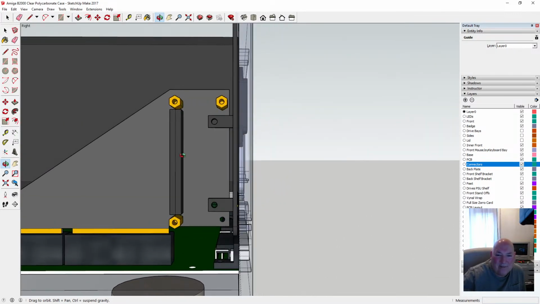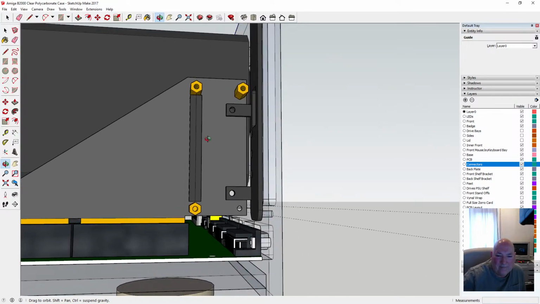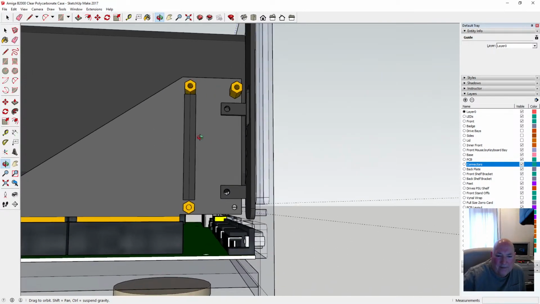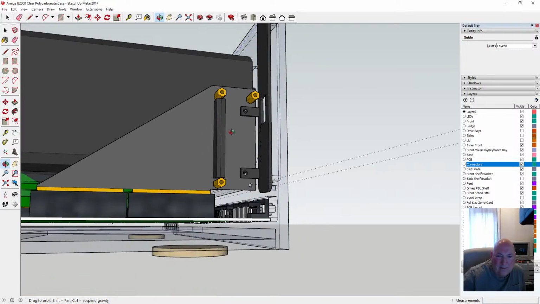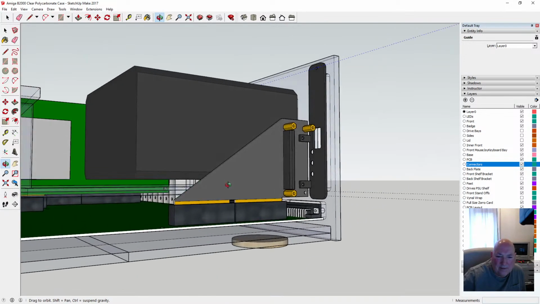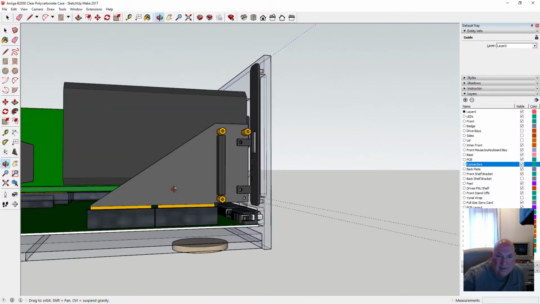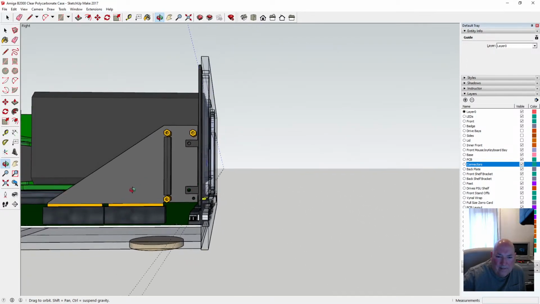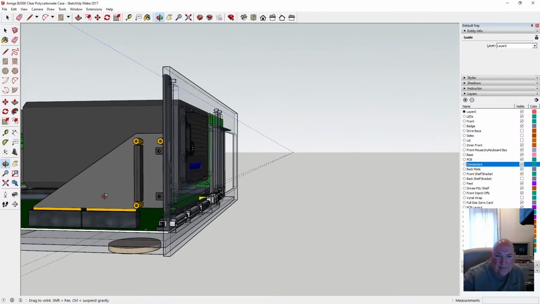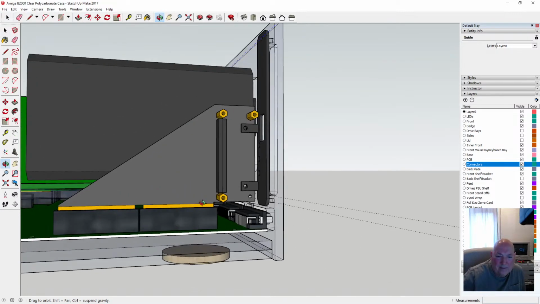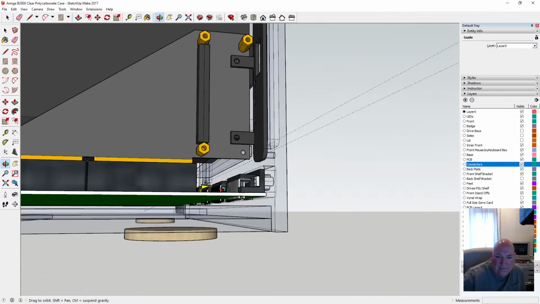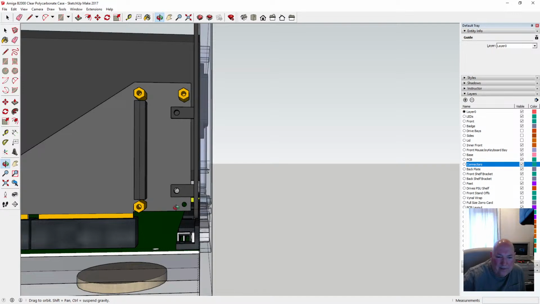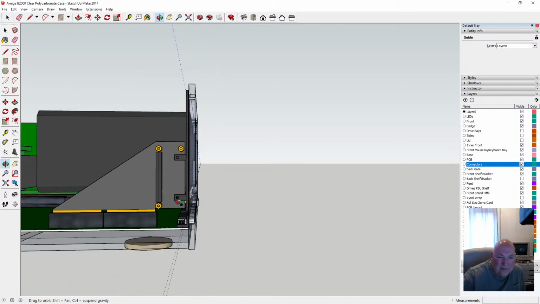So something's wrong here. Something's not quite right. So maybe the whole thing's got to drop down. Maybe, but the height above the board is right. I don't get it.